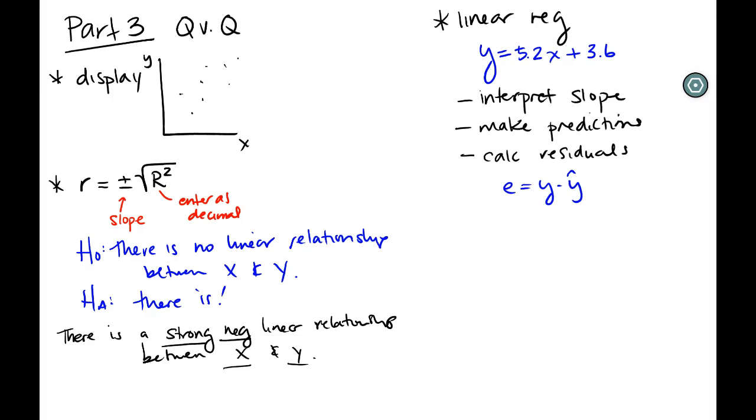Other pieces we had in this section, we had our r squared, which is our coefficient of determination. It was what told us basically the percent of variability that could be explained, remember? So two things you might want to have down. One, the calculation. You can take your correlation, square it, and multiply by 100%. It tells us about the predictive power.